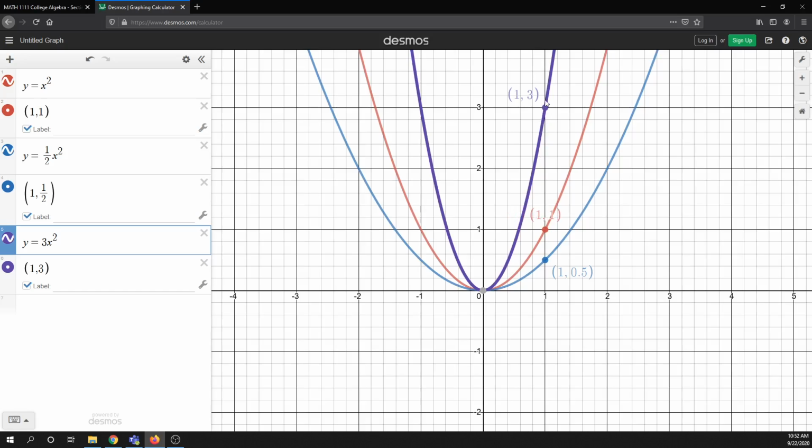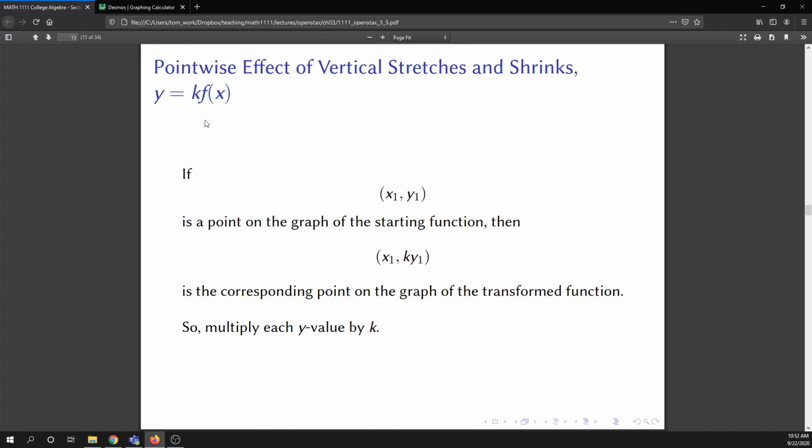That happens to every single point on the graph, except if the y value is 0, because 0 times anything is 0. That's why I didn't use 0, 0, because you can't actually see those points getting moved around by the transformation. Okay. So the pointwise effect is to multiply all the y values by k.